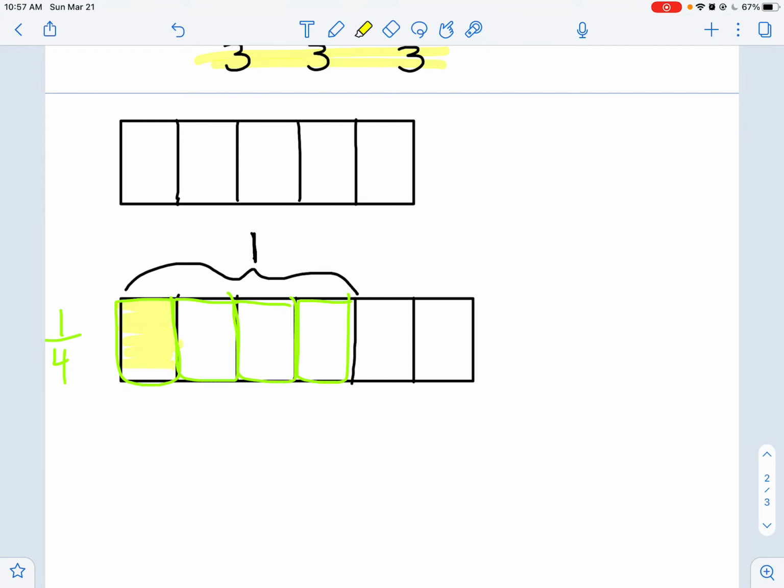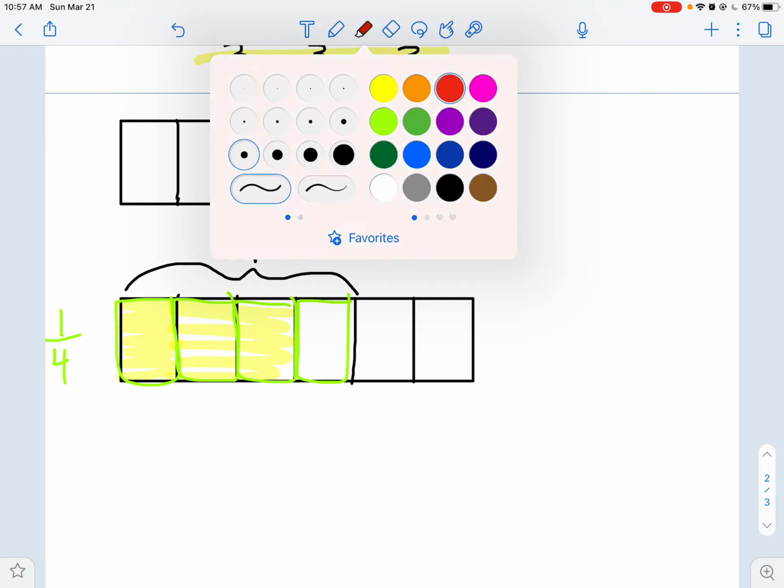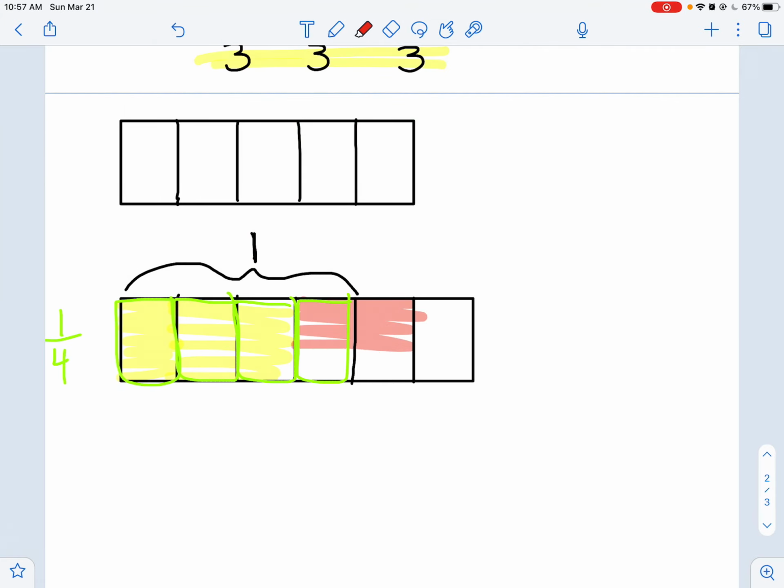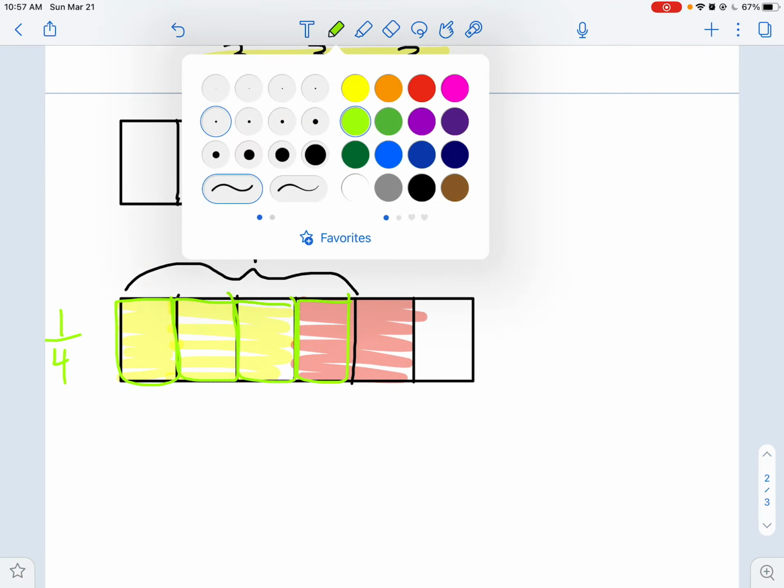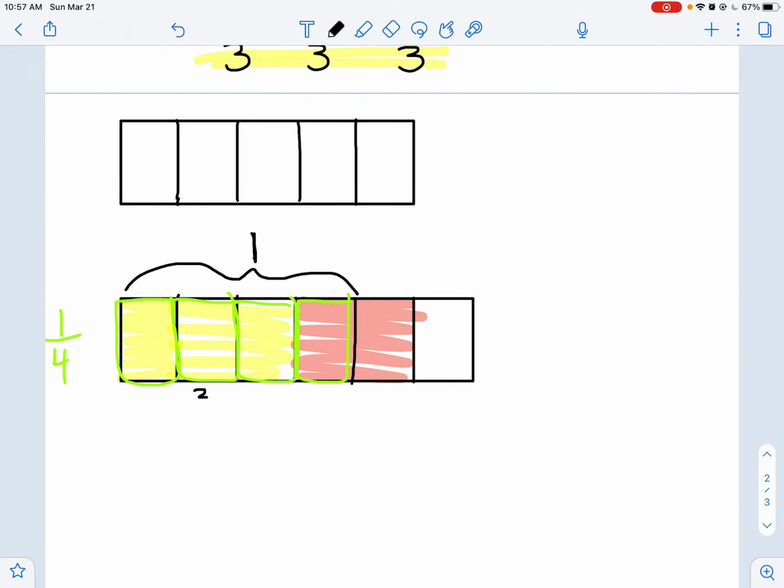Now, if this was colored yellow, and then this was colored red, I'd label each portion of it, right? Here's 3 yellows, and we know it's fourths. Here's 2 reds, still fourths. So of the whole thing that's colored, it's going to be 3/4 plus 2/4.